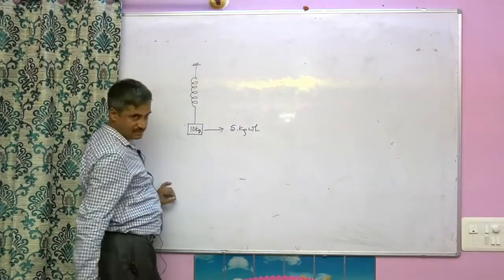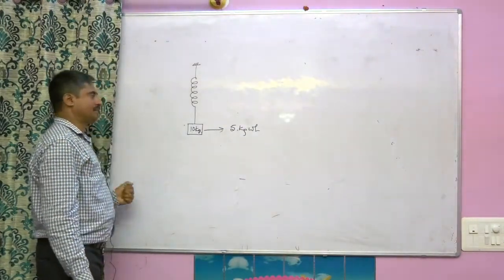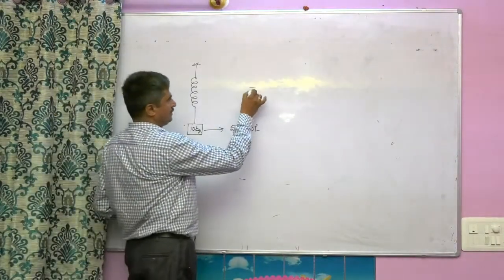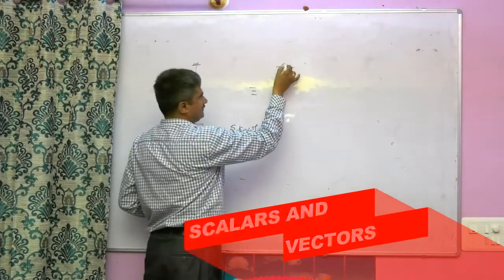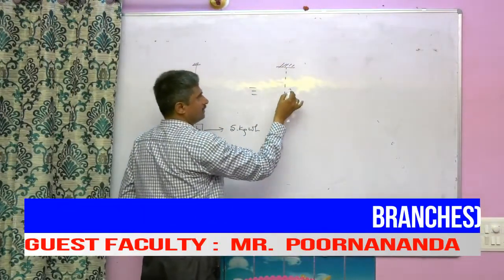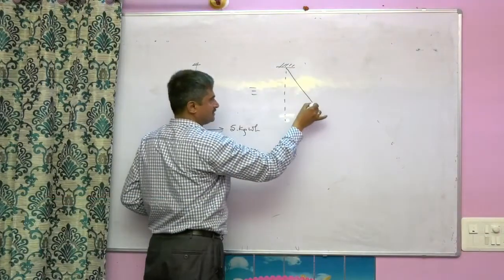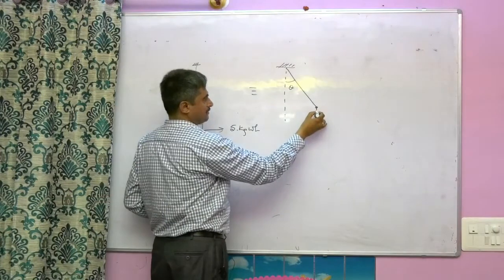If it is displaced like this, what is the effect? For that we have to write like this. See, this is the spring balance, this is the actual position. Now the spring balance is displaced to an angle theta. Now this spring balance is in equilibrium.